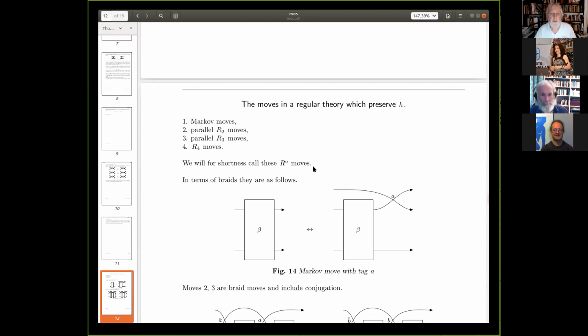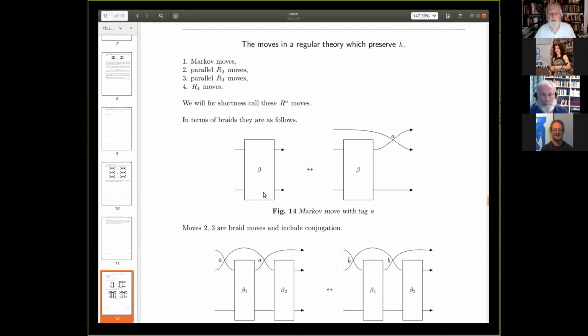So what are they in terms of braids? Okay, so here's a braid, a generalized braid. It has things coming in, things going out, and we make it slightly bigger by putting this A here.